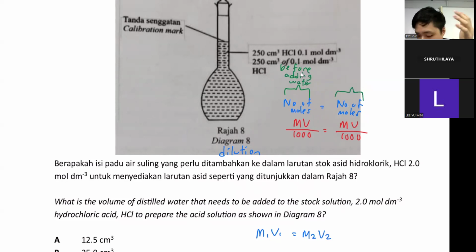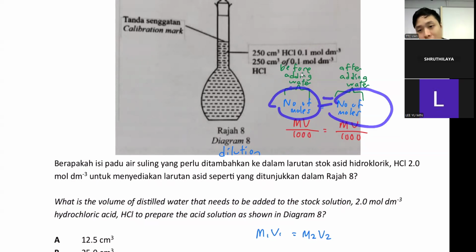The other one is after adding water. So you might think, is MV over 1000 really equal to MV over 1000? In this case, yes. The moles before should also equal the moles after. But the values of M and V will change.